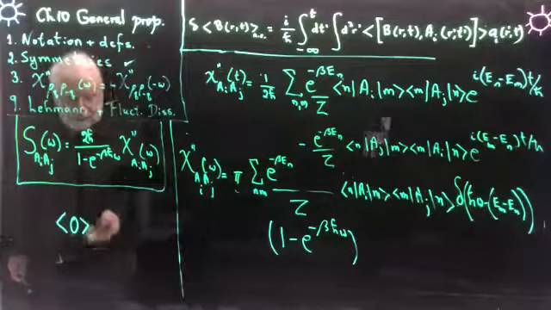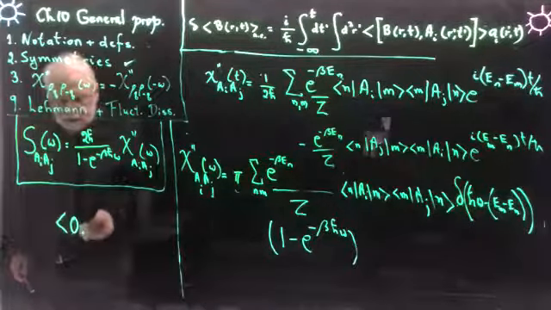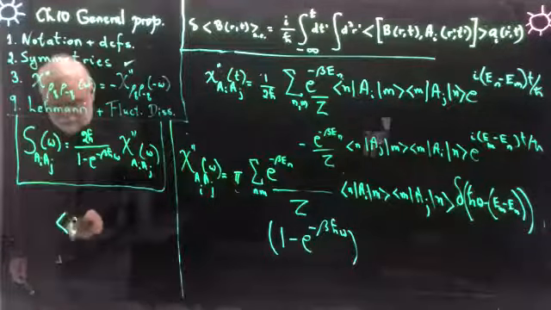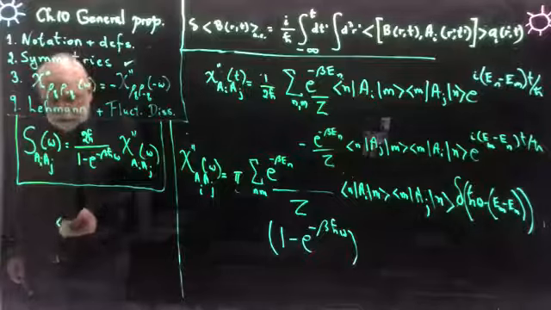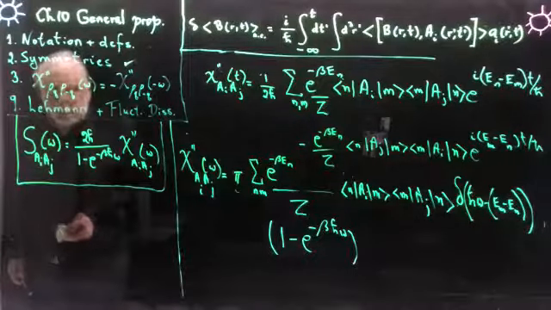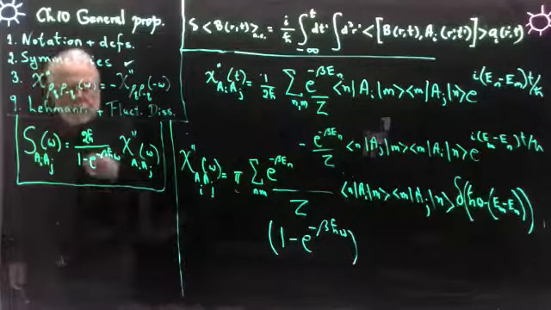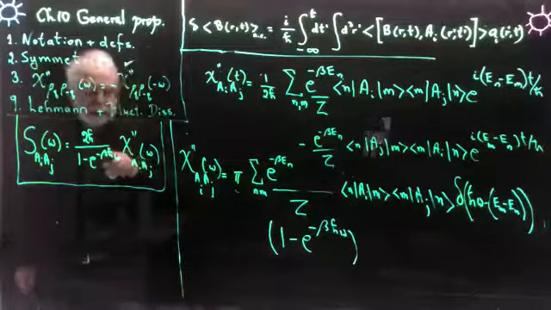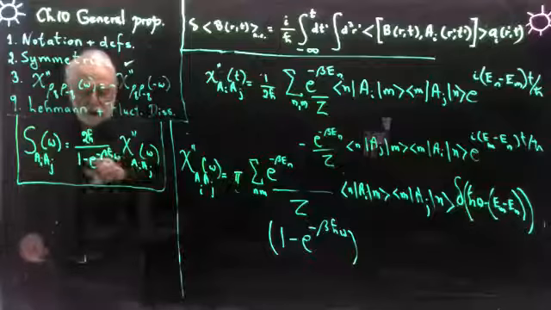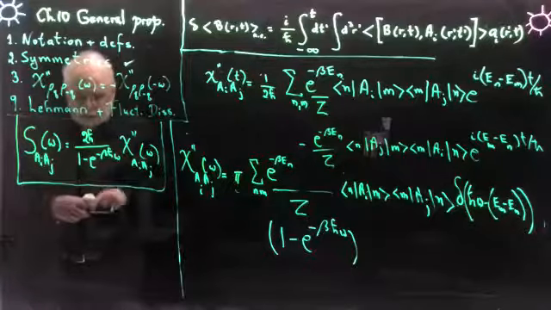So what happens in the classical limit? What is the classical limit here? Now, as usual, it's when kBT is larger than h bar omega. So when kBT is larger than h bar omega, it means that beta goes to 0, so I can expand the denominator.